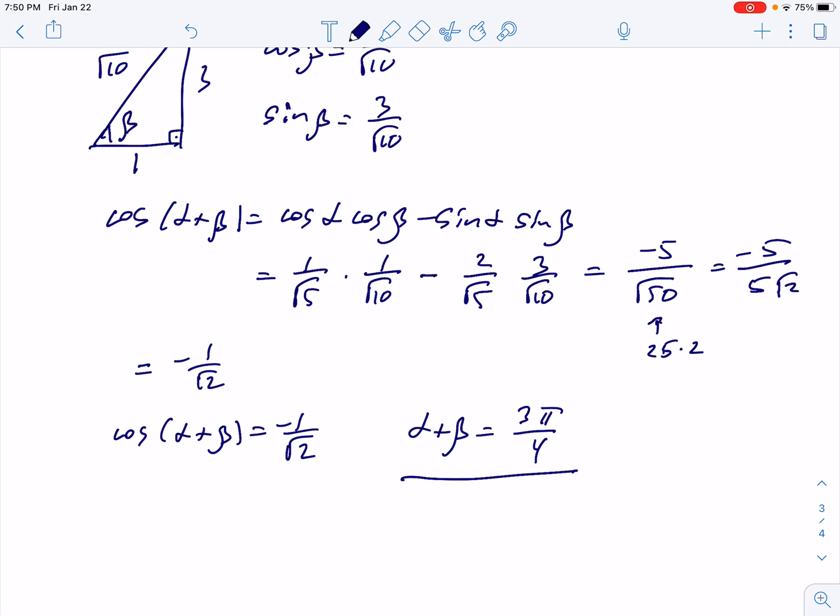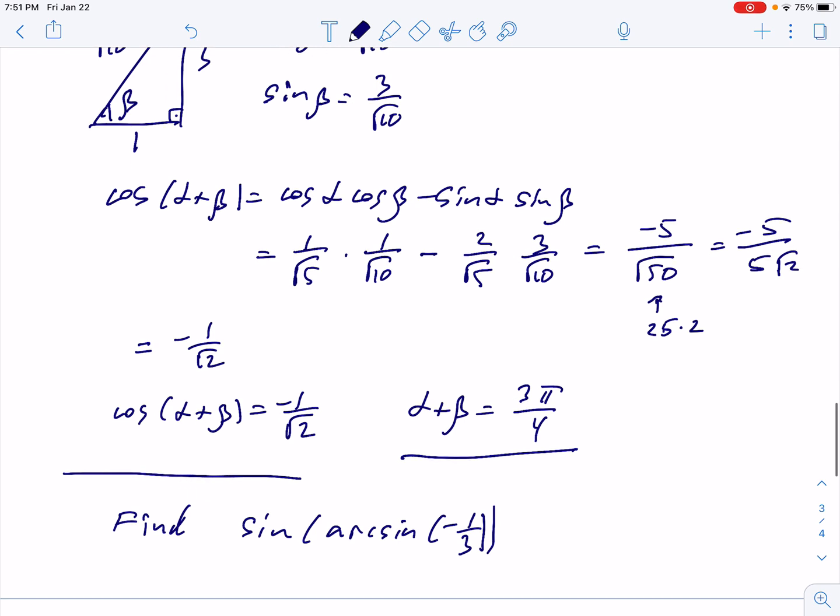Now, let's do some more of the same nature. Find the exact value of sine of arc sine negative 1/3.